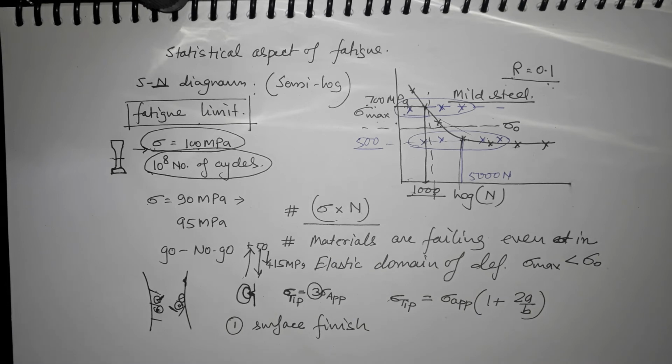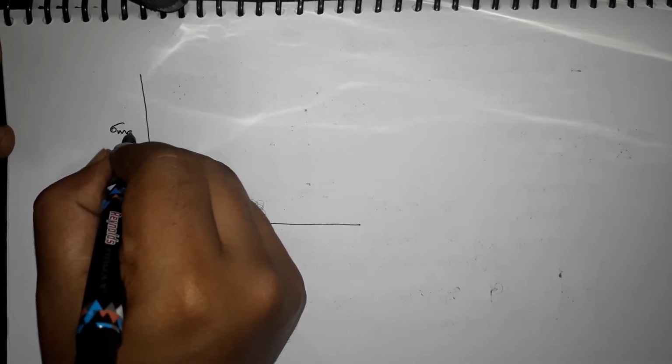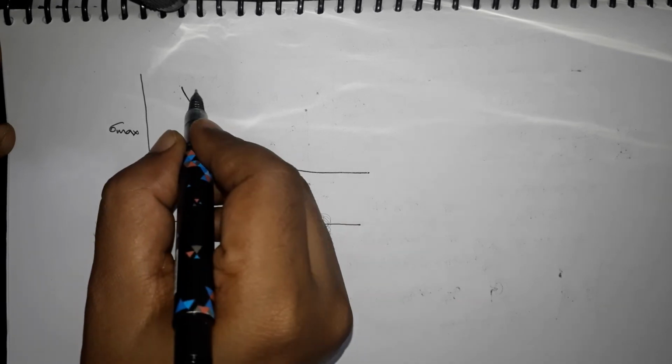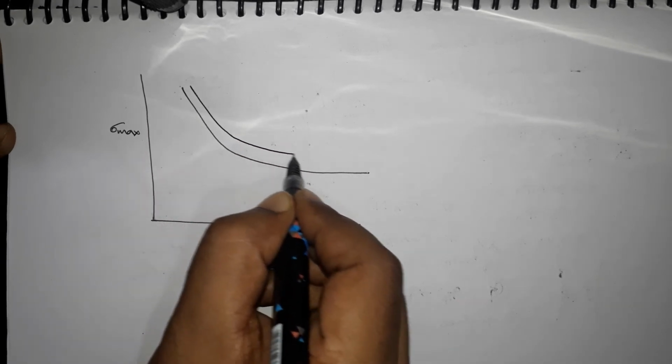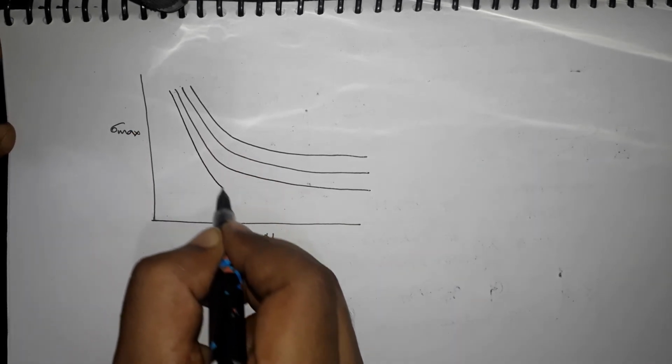So the solution has to come from the statistical side, and the solution is to define the probability of failure of the component. Okay, so what happens is, instead of having one single curve, you will have many curves like this.